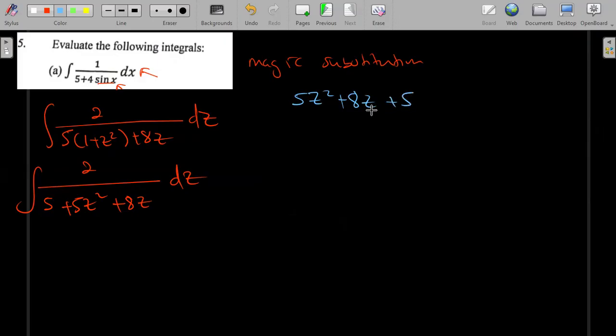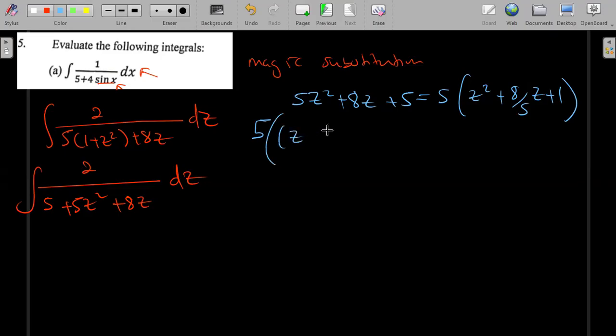I factor out the 5, since it's the leading coefficient of the highest degree of the polynomial. I remain with z squared plus 8 over 5 z plus 1. From here I continue: this will be 5, then I complete the square on z, and that will be z.